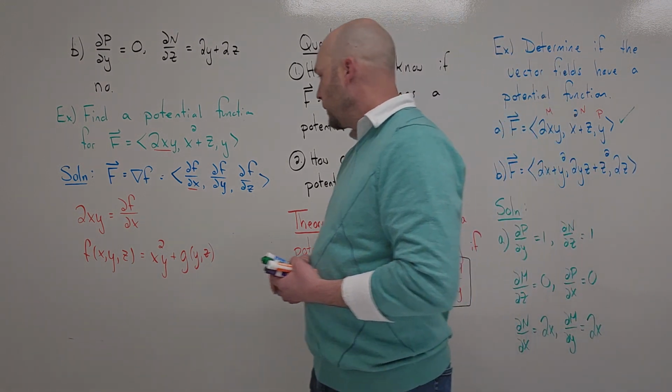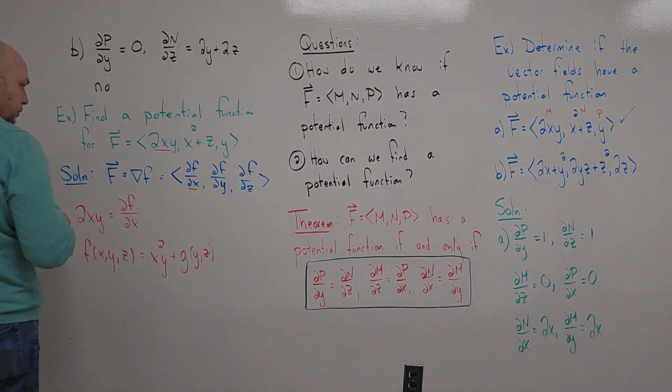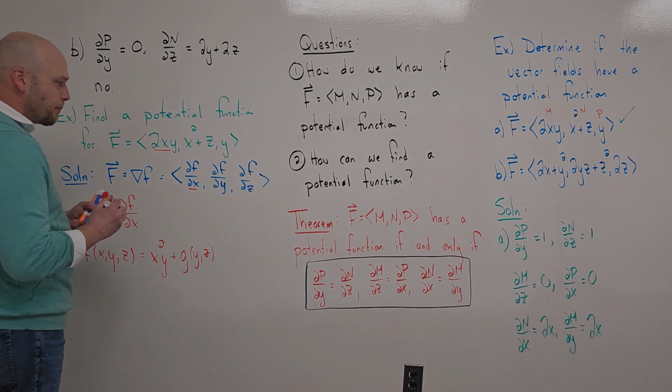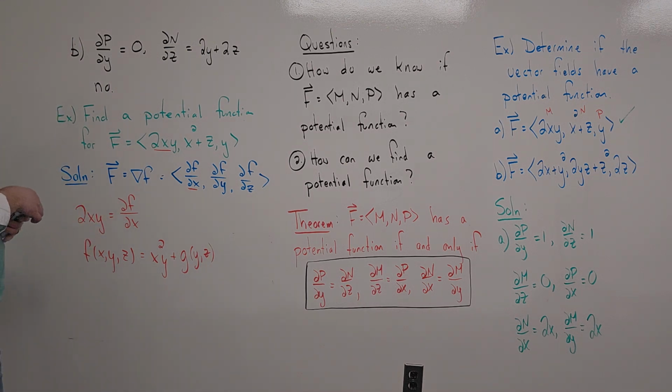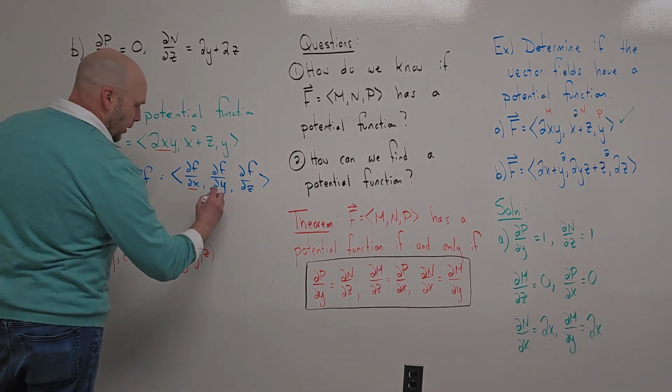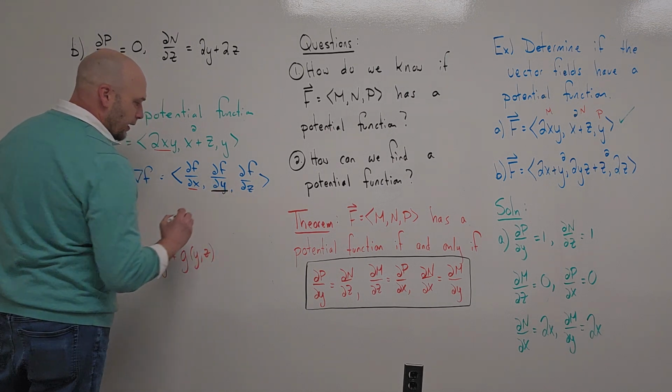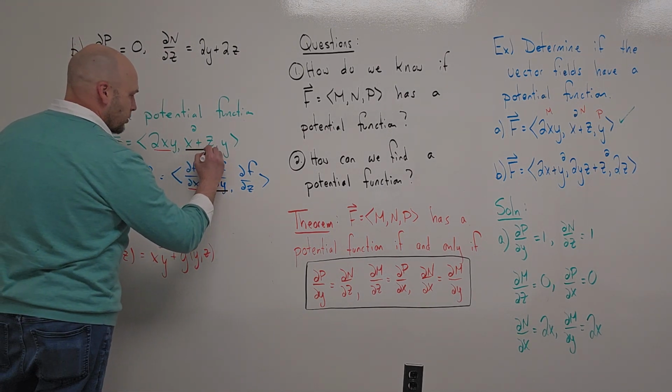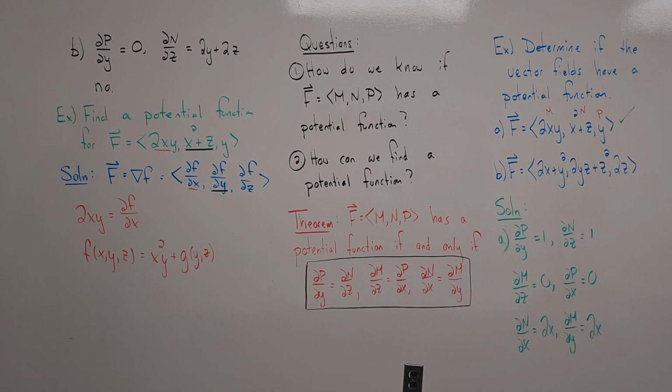Now what I'm going to do is use the middle components. I know that the partial derivative of f with respect to y is given by x squared plus z. Okay?